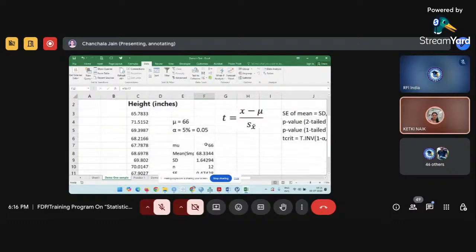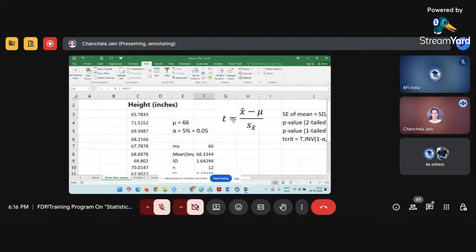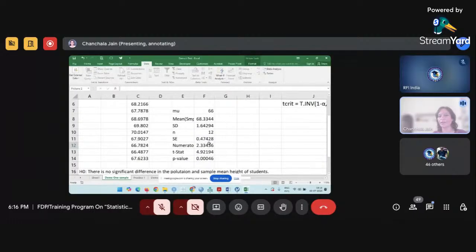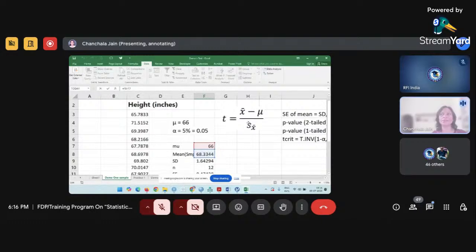Then, the numerator, this formula you need to apply. To make things easy, I have calculated the numerator first. The difference of both the means: sample mean minus population mean. You need to see the formula, ma'am. I will suggest every one of you do not depend on my calculation.